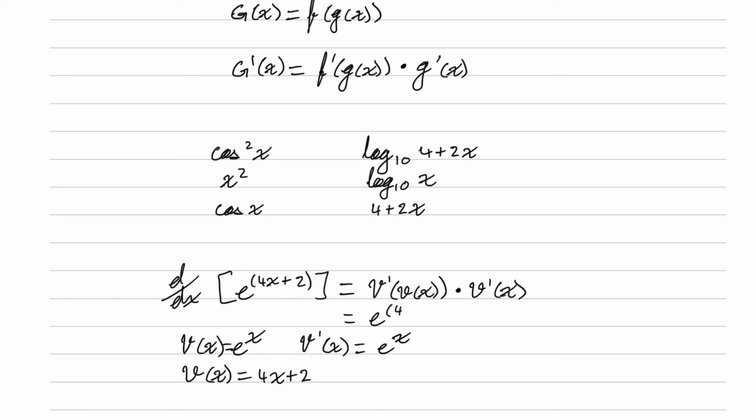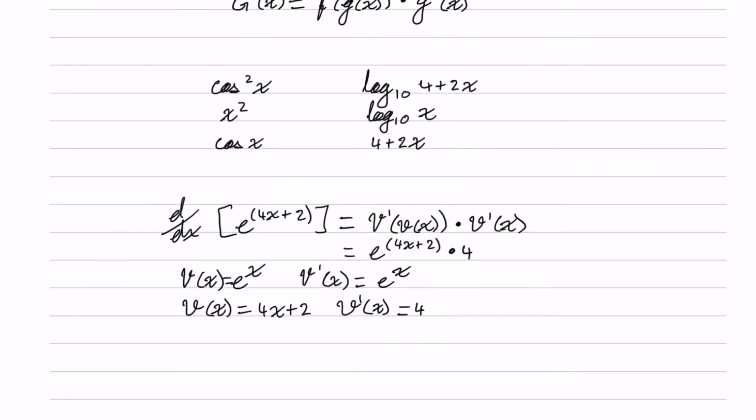So what we get is e to the 4x plus 2 multiplied by the derivative of u of x. So what's the derivative of this function? The derivative of 2 is 0, and the derivative of 4x is simply 4. So we get times 4.